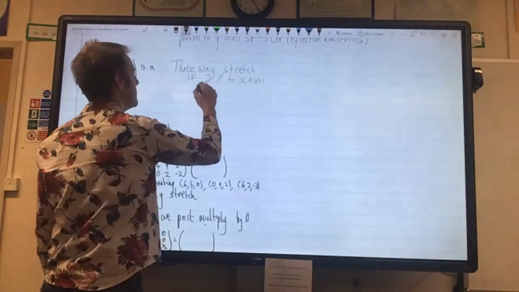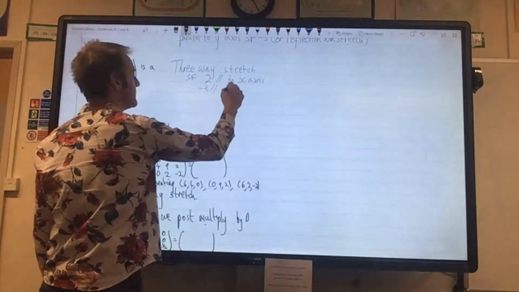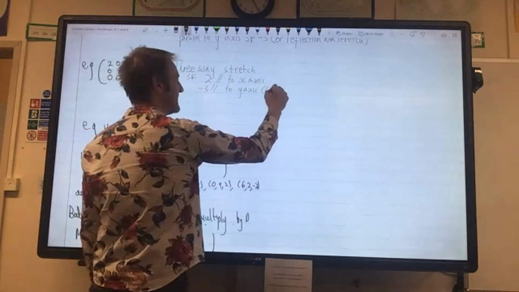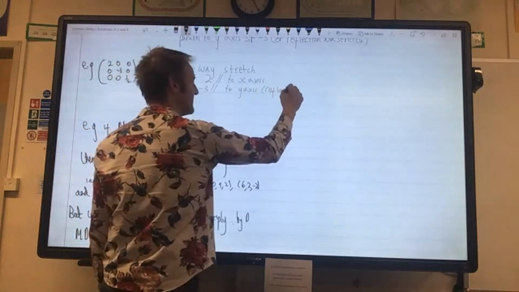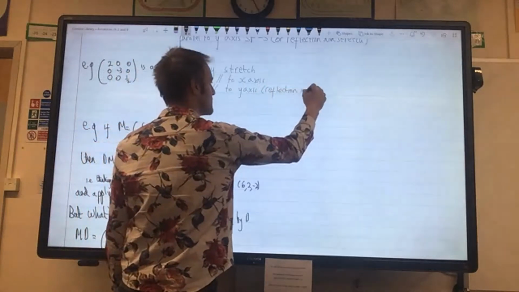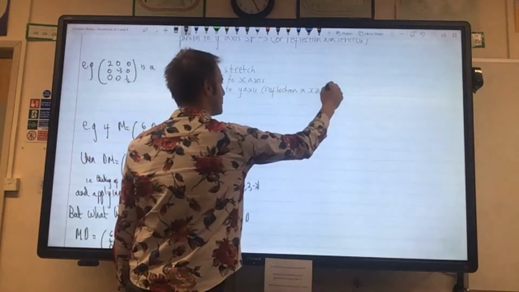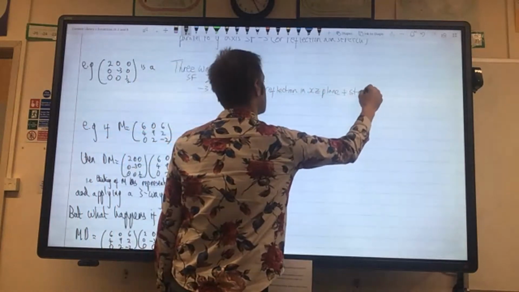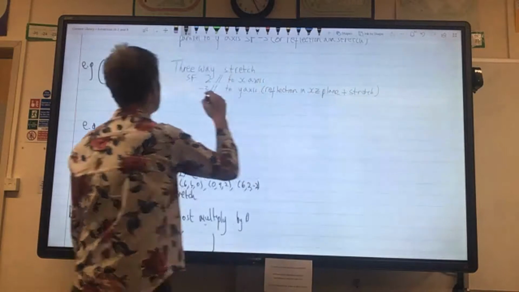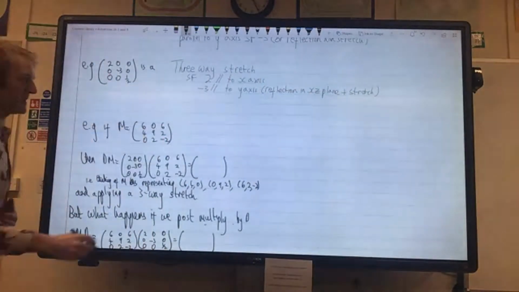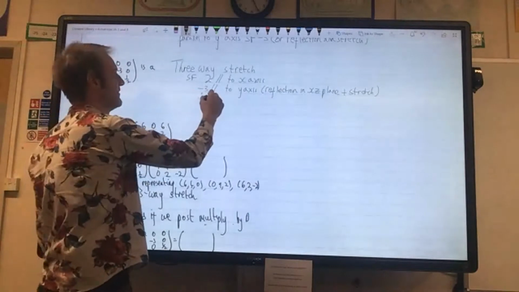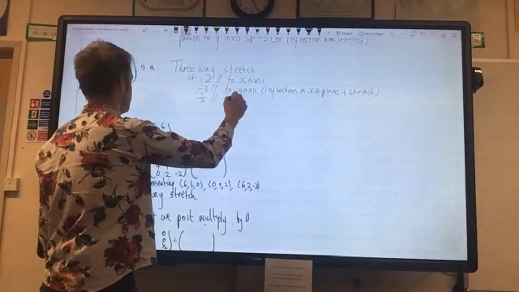So that's a reflection in the xz plane, and a stretch. And it's not a squash. Some of you are quite bad at using the right language. It's not a squash factor. It is a stretch with scale factor half parallel to the z-axis.